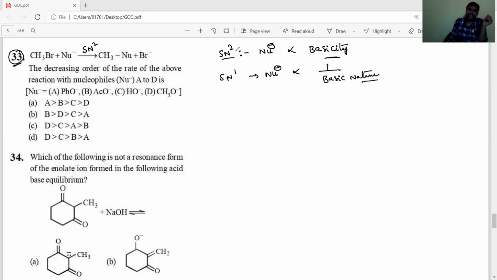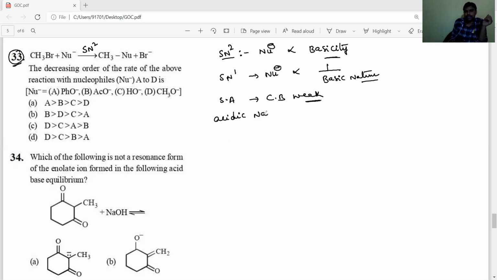Now for SN2 reactions we need to write the basicity. So the given bases, these are the bases we know very well. A strong acid's corresponding conjugate base is weak. So acidic strength first you have to write.